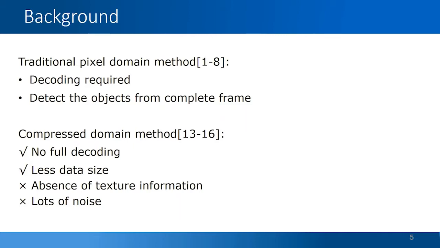It brings the possibility to increase the processing speed. However, the compressed domain information has lots of noise and lacks textural information. We therefore consider combining the strengths of both compressed domain and pixel domain information to achieve fast and accurate speed estimation.